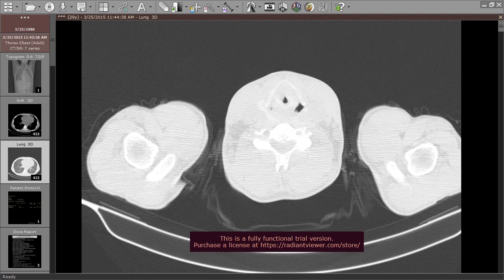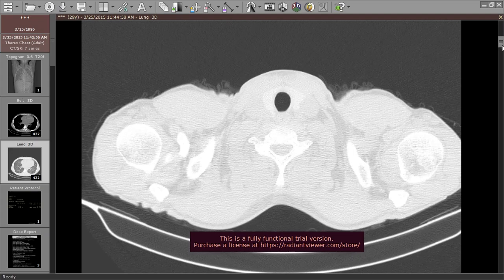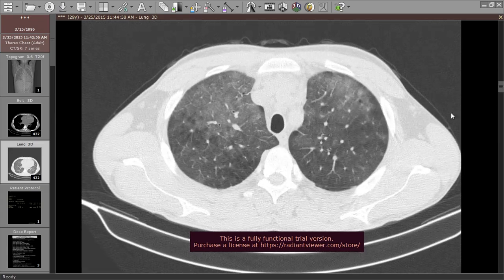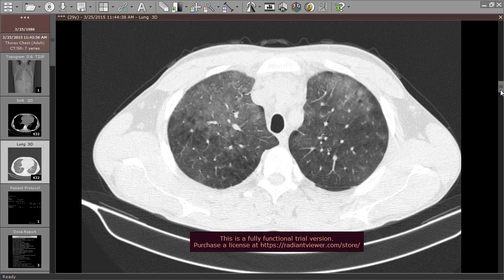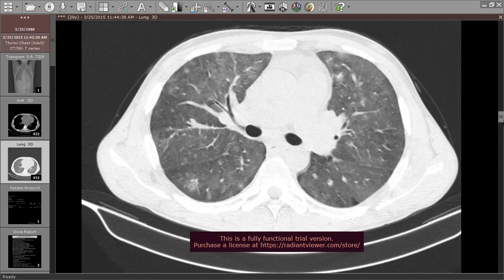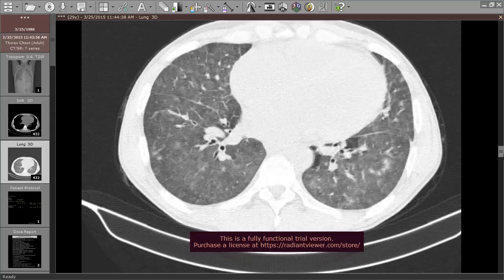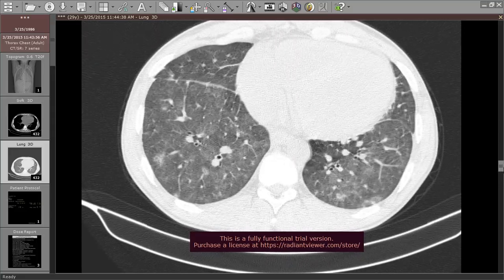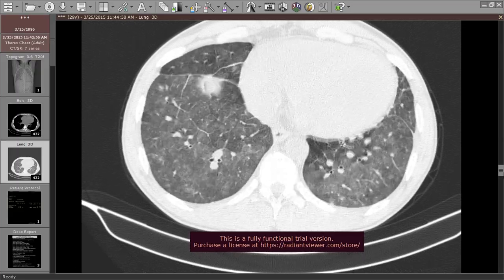Case number 9. This patient is a leukemic patient. Apparently we have bilateral diffuse ground glass opacities with smooth septal thickening.